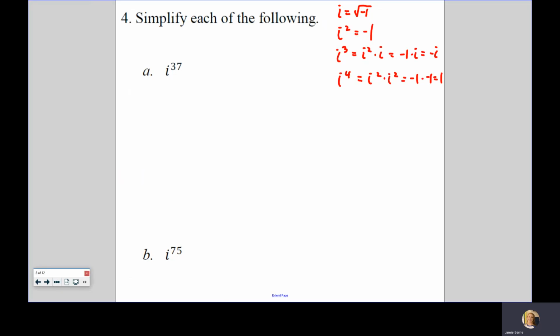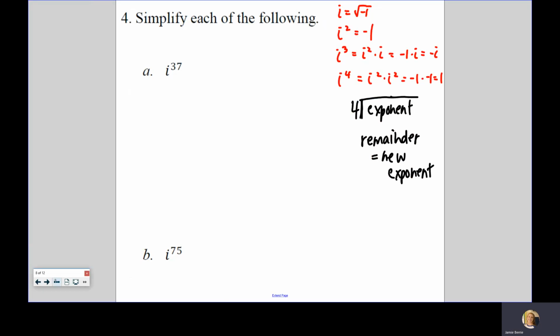So here is the little trick you can do. You're going to do long division. You're going to do 4 into whatever your exponent is on the power of i. And your remainder is going to be your new exponent. You can use the little pattern up here to tell you what your answer is from there.